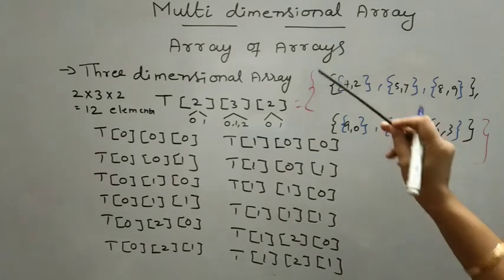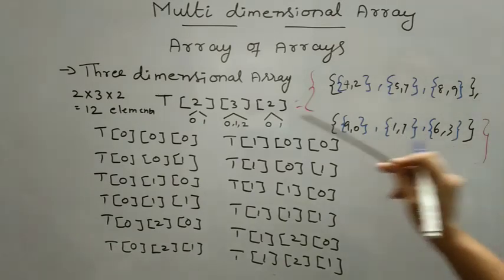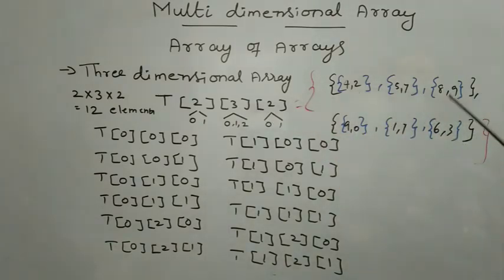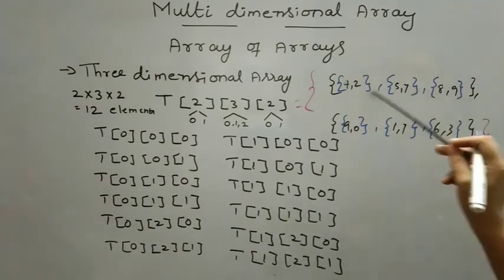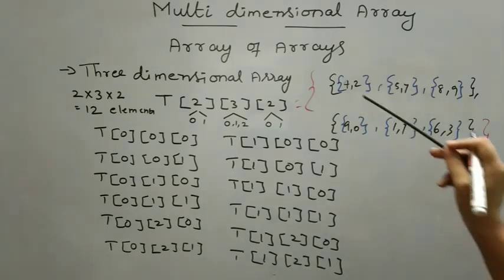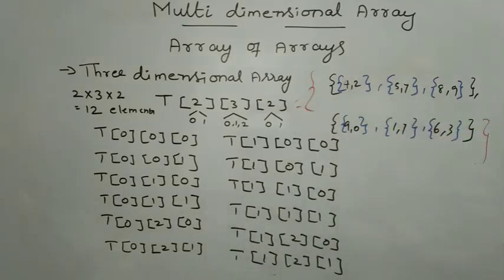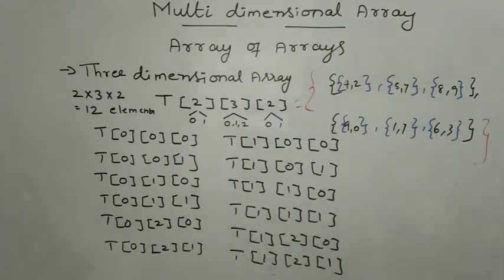So the array is initialized with 2 rows, marked in black. Since we have 2 rows, the row values are separated by comma. In each row we have 3 rows, marked in blue. Since we have 3 different rows, the rows are separated by comma. In each row we have 2 different elements. If you want to initialize values for these elements, we can initialize like this.